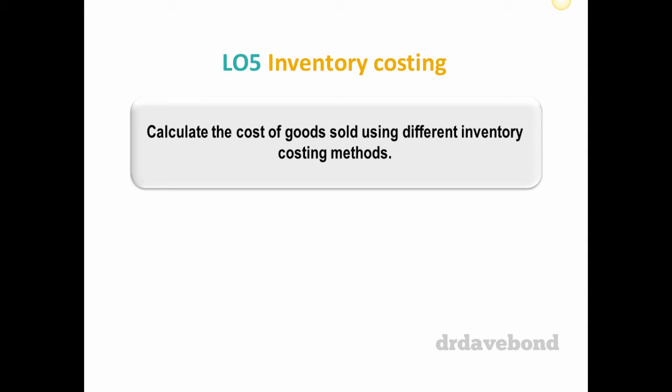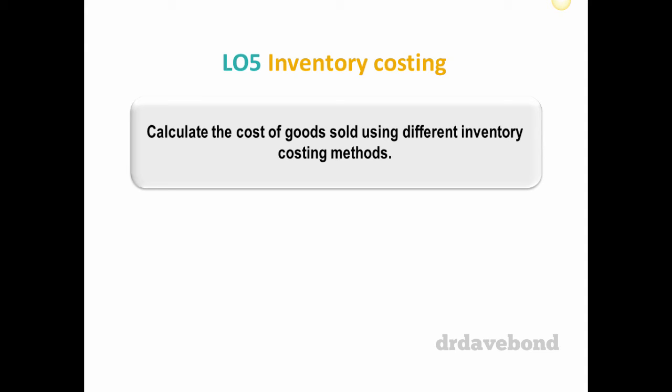If you flip that around, the stuff which gets sold is the stuff from the start of the year. So we assume the stuff we buy in is the first stuff that we sell, and we buy it and sell it straight away, and we buy it and sell it straight away. So what's left is the stuff which is purchased last. That makes sense?